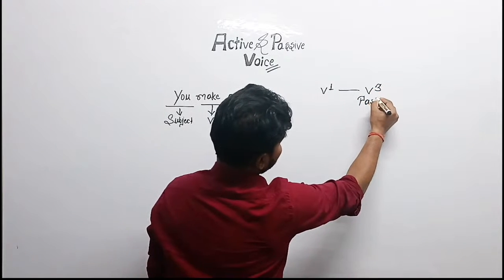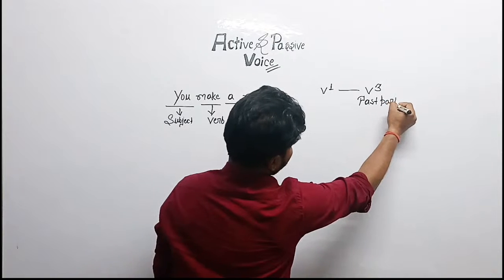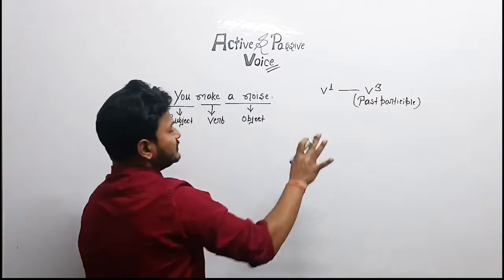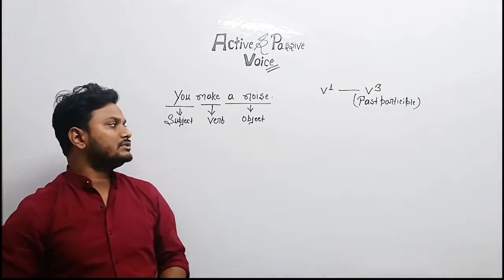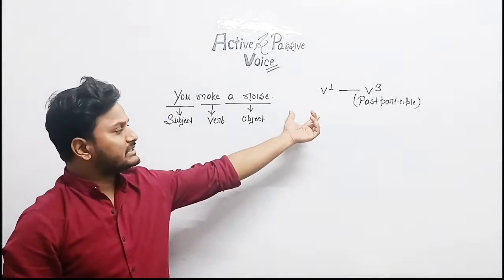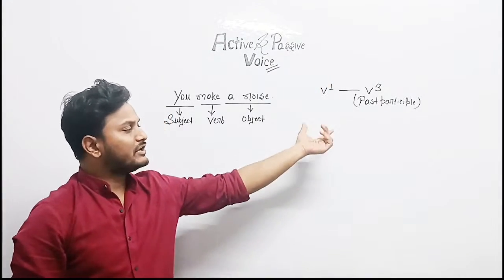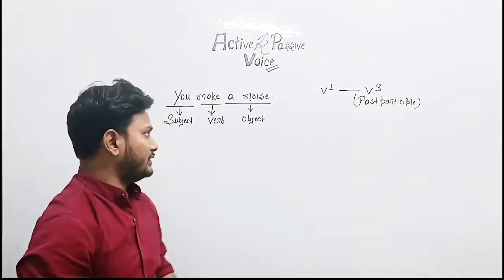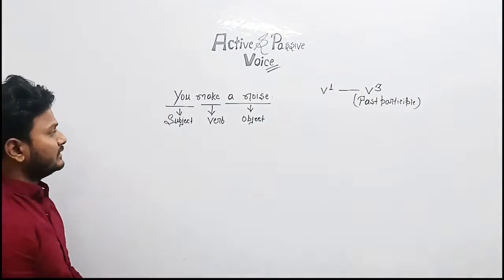Now you have understood that whenever we change an active verb into a passive verb, it will be verb 3. Now come back to the sentence.